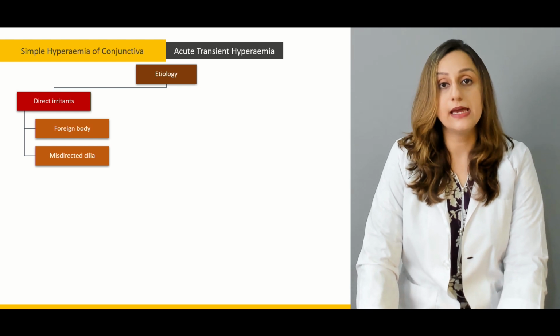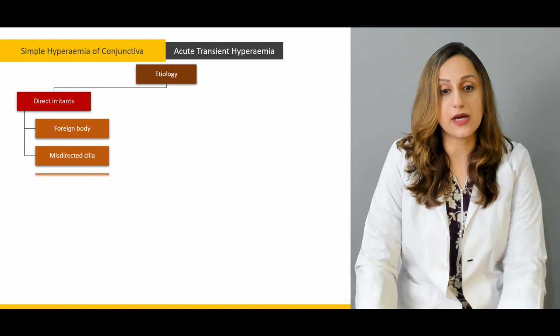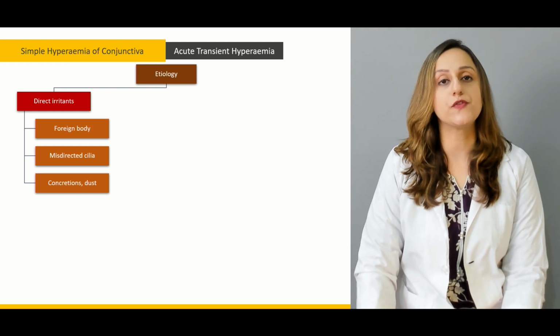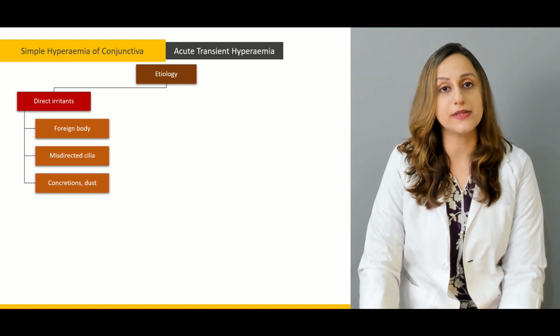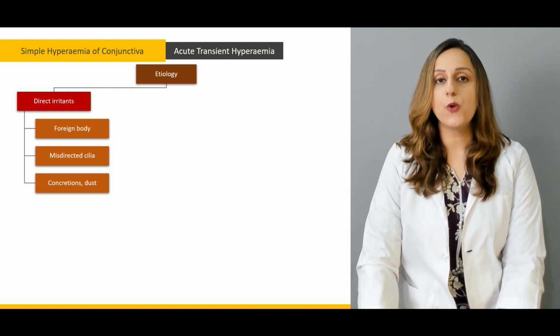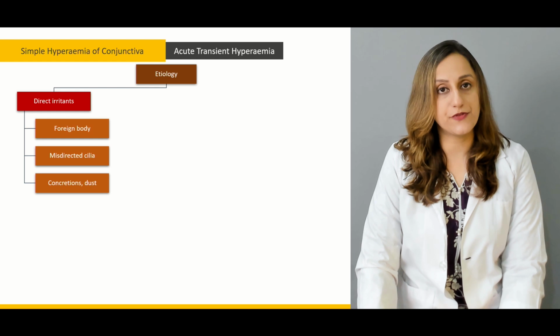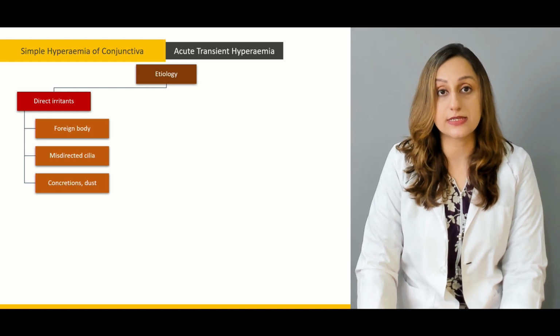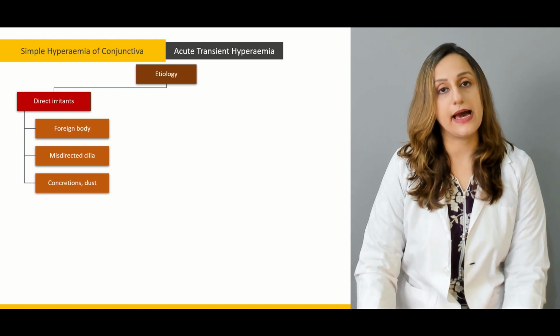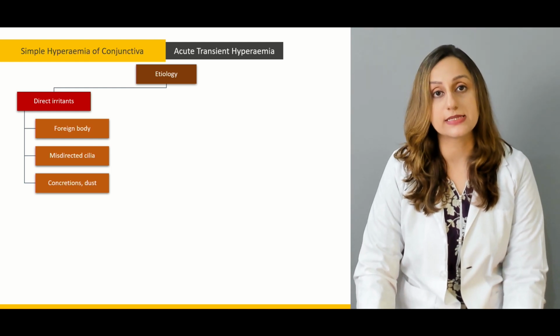Then we have a lot of irritants, for example concretions and dust particles in our environment, which irritate the conjunctiva and cause hyperemia and those apparent blood vessels.